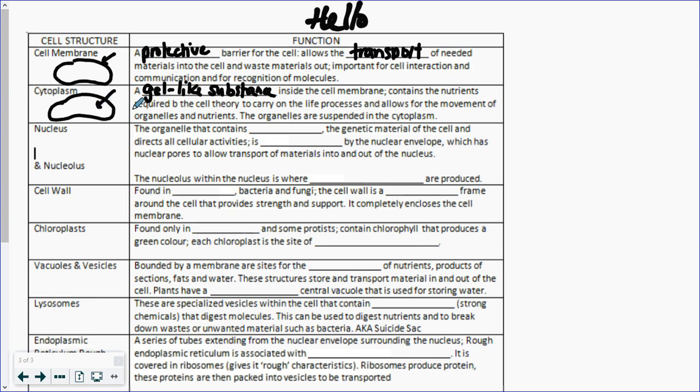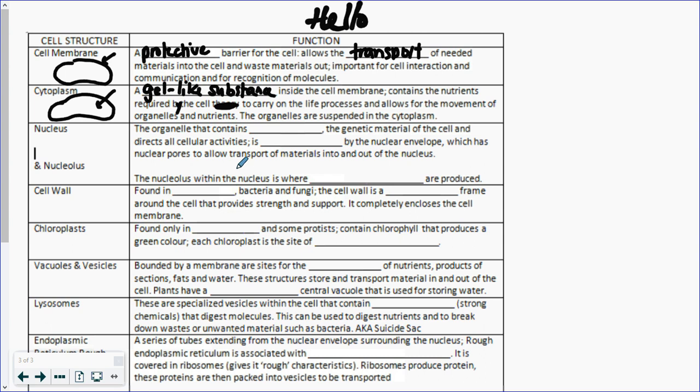It's kind of like I'm sitting in our spare room downstairs, and it would be all of the air around me. The organelles would be all of the other stuff, but the cytoplasm is everything else, but it's actually kind of liquid and gel-like within the cells, so it's not just air, but it contains the nutrients required by the cell to carry on life processes and allows for movement of organelles and nutrients. The organelles are suspended in the cytoplasm.